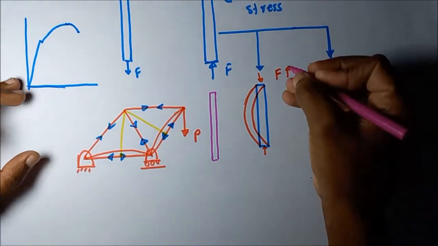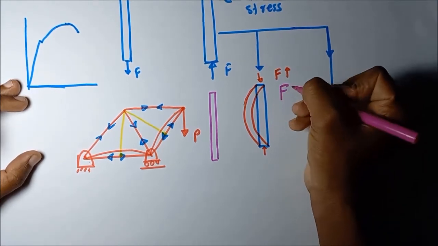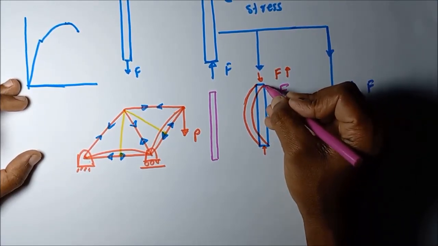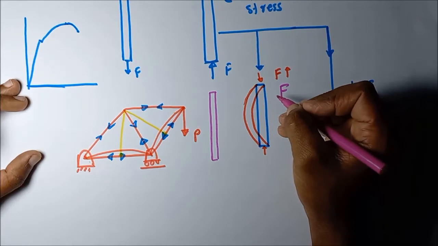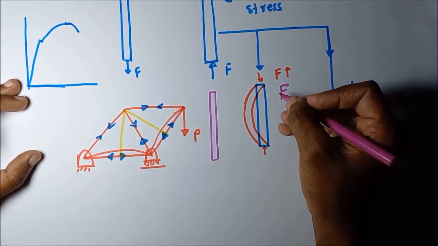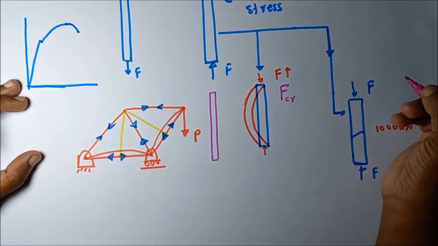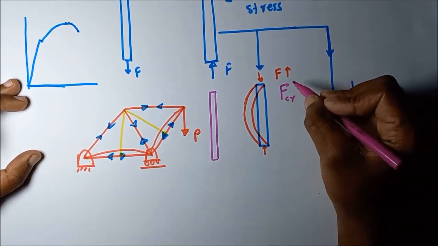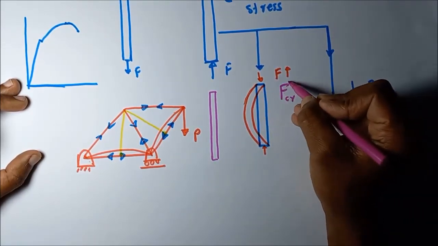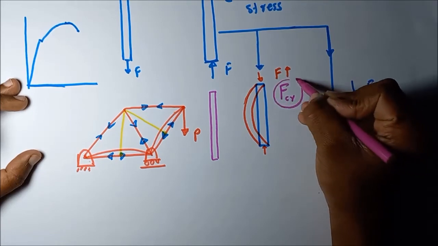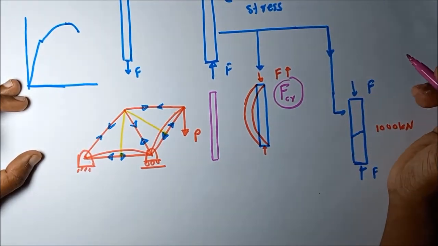Okay, that means first of all, let's take the situation where a certain structure starts its buckling. That load we call the critical buckling load. For a certain structure, when it reaches this critical buckling load, it will buckle.